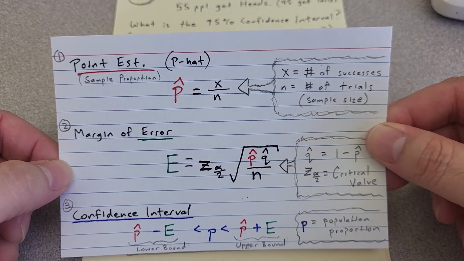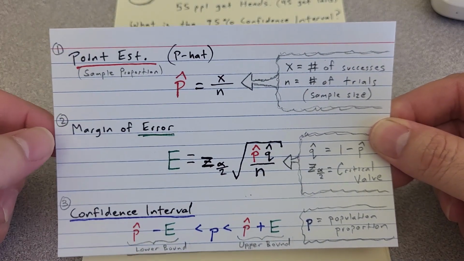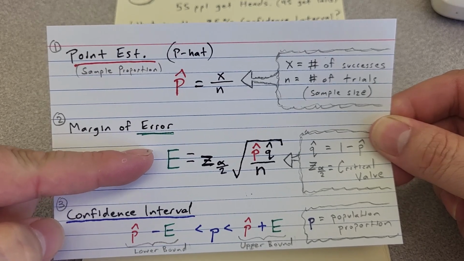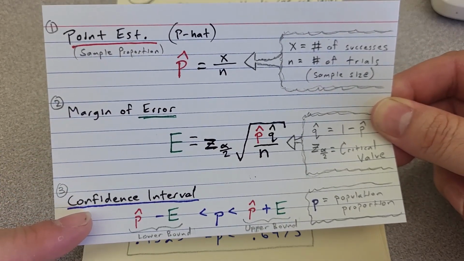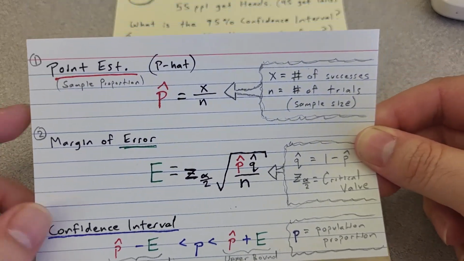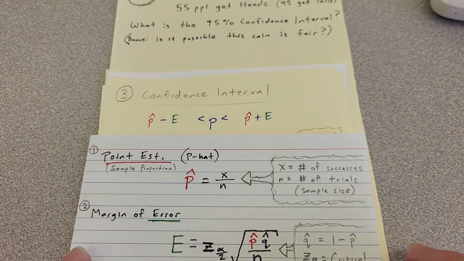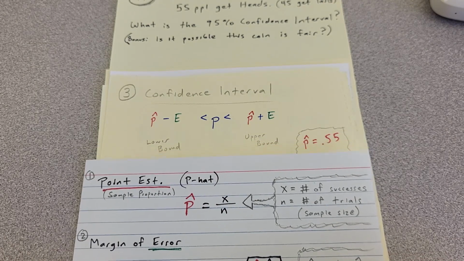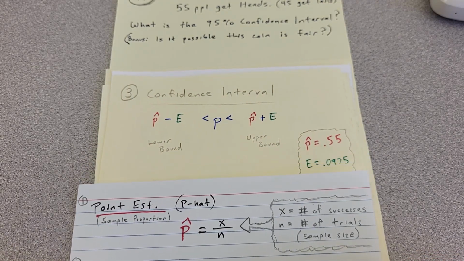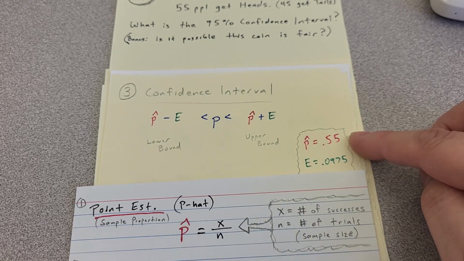All right, so now we've finished step 1, we finished step 2, we have the p-hat, we have the error. Now it's finally time to do step 3 and get the confidence interval. I've got that right here. There's that formula again. It's the lower bound and the upper bound. In order to crunch that, we need to know what the p-hat is from step 1.